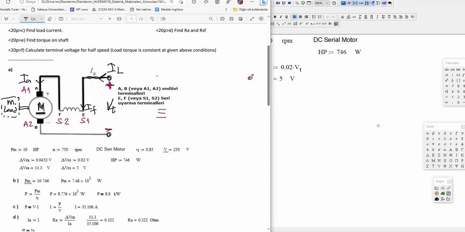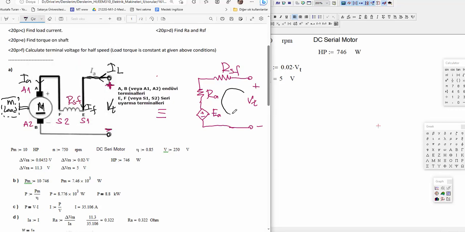Here you apply a voltage, plus and minus, and then here is the resistance of the serial field winding, and then here is a resistor of the armature winding, and here is a dependent voltage source, which is EA, the armature EMF. That is the equivalent circuit.